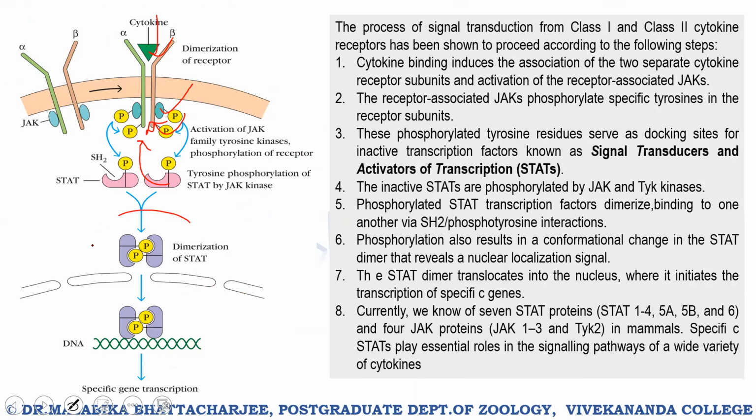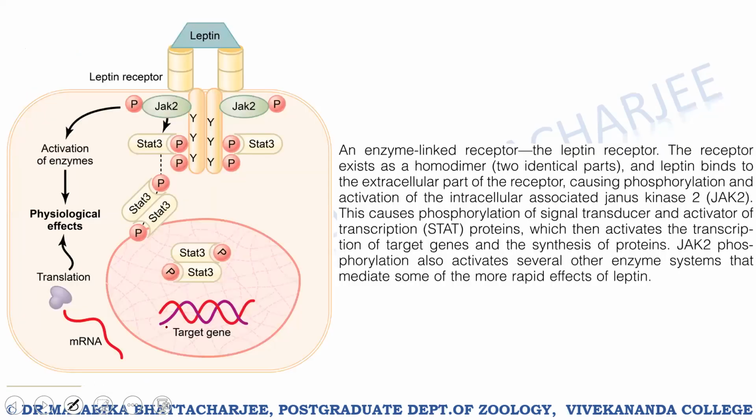The STATs then interact via their SH2 domains and dimerize, bringing about specific gene transcription. So this was about STAT. This is another simplified picture of STAT as it moves in and activates the target gene. The target gene is transcribed, translated to give the desired protein.